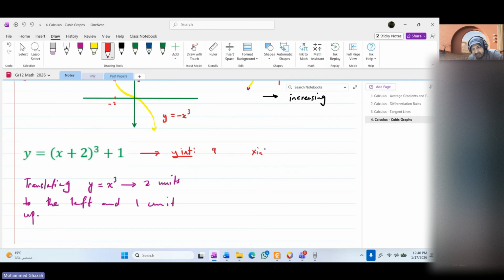My x-intercept is, don't try to open this entire equation up. Is (x plus 2) all cubed plus 1 equal to 0. Take everything over. (x plus 2) all cubed is equal to -1. X plus 2 is equal to cube root of -1, which is -1. So x is equal to -1 minus 2, which is -3.